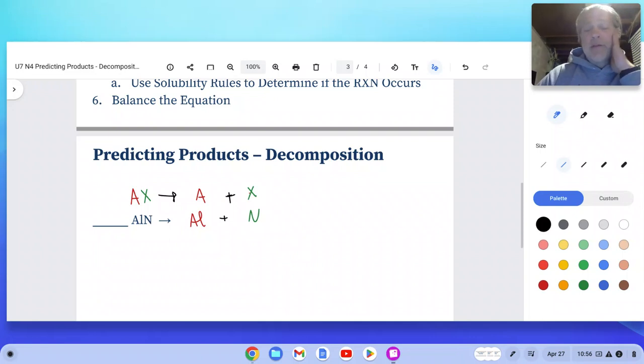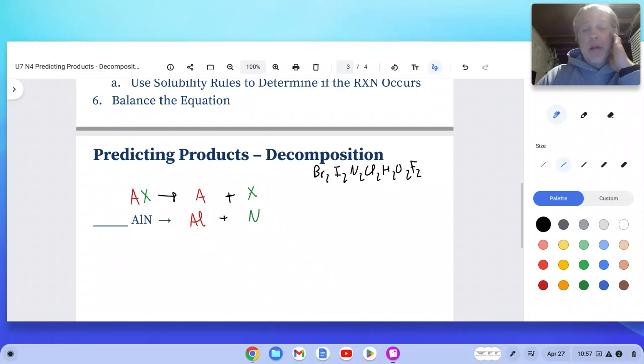Now, before we get into balancing this, which would be something that'd be easy to do, we have to remember that there are certain elements that when they are by themselves, they get a 2 after them because they're diatomic. And those elements would be Br2, I2, N2, Cl2, H2, O2, and F2.